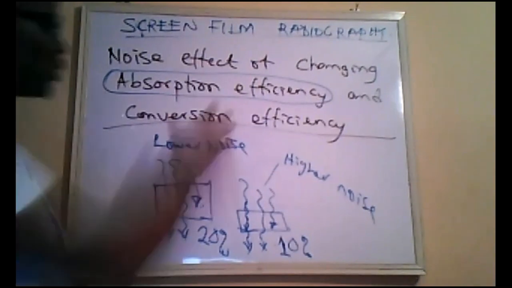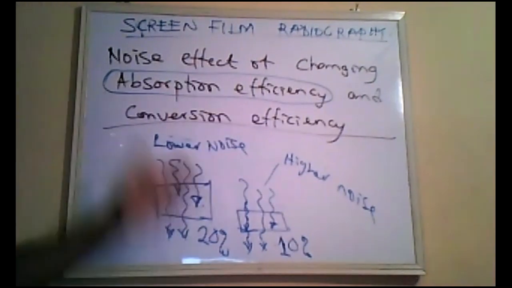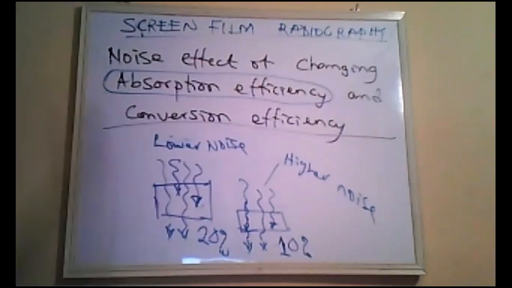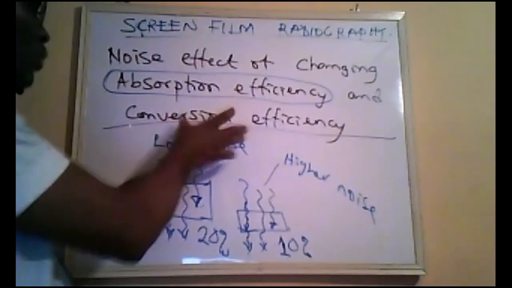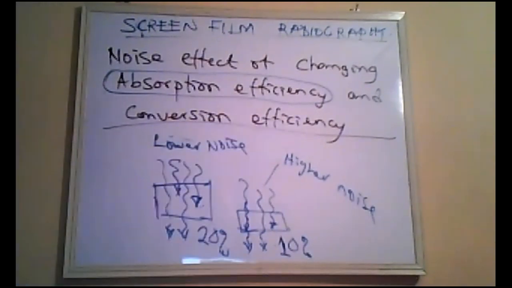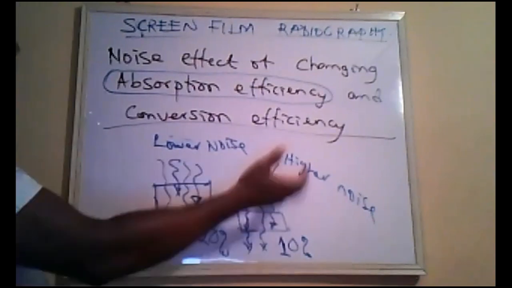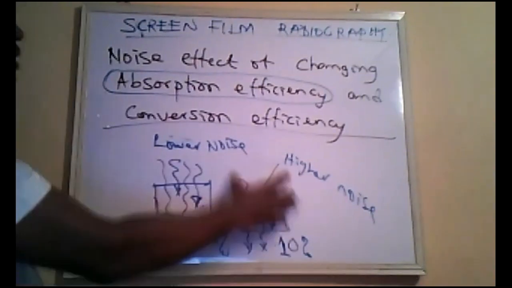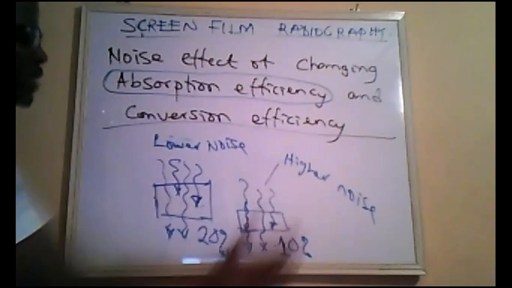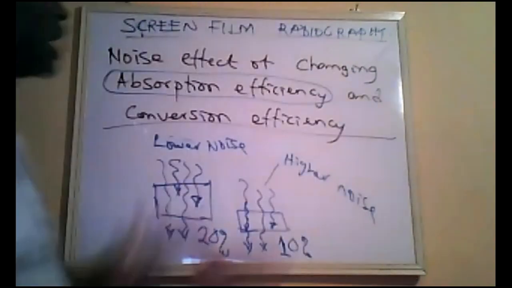But we want to look at the conversion efficiency. What has conversion efficiency got to do with the noise? Is it going to be increased or decreased when we make changes to the conversion efficiency? Like in this one, a very good way of increasing the absorption efficiency is by making the crystals or the screen thinner.